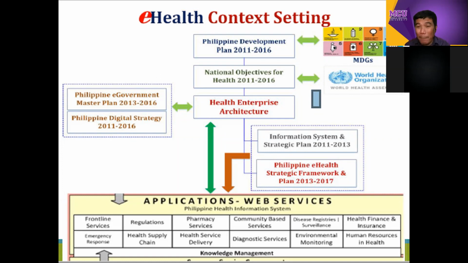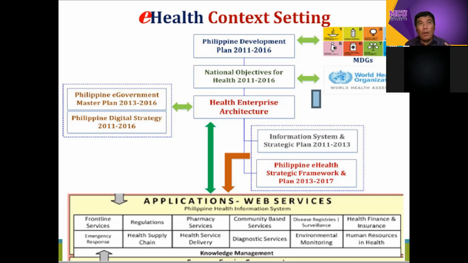This was pre-pandemic. Can you imagine that? We were gearing towards this pre-pandemic, way back in 2017 and back to 2011. So they are hoping that the Philippine Health Information System will be upgraded in terms of the frontline services. What are the frontline services? Emergency response in the hospitals, and emergency response in the community.